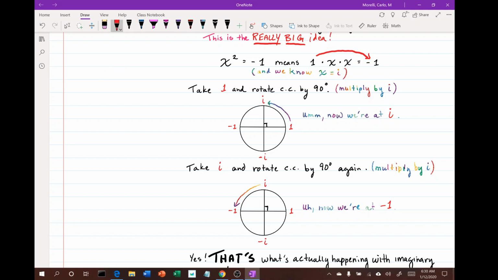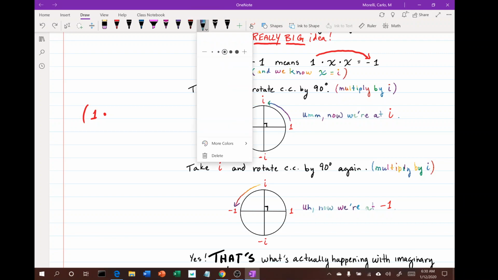We take the 1 and we rotate counterclockwise. I'm abbreviating CC here. Rotate counterclockwise by 90 degrees. That is what happens when you multiply by i. So here's what's happening. We are taking 1 and we are multiplying by the imaginary number i.